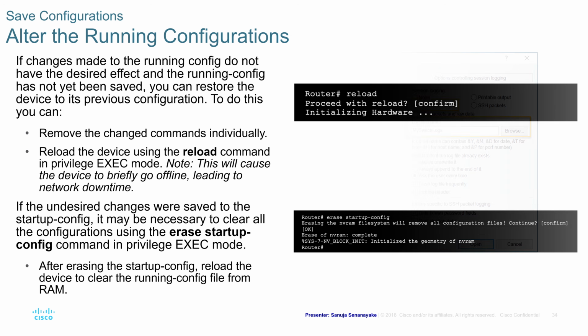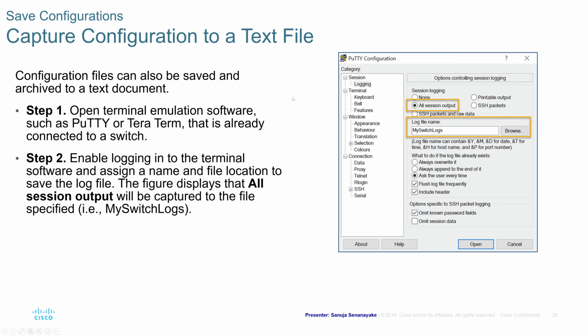Next, we will look at how you can capture the configuration to a text file. The configuration files can be saved and archived to a text document. Because Cisco IOS uses the CLI, it basically interprets your text commands to configure the devices.